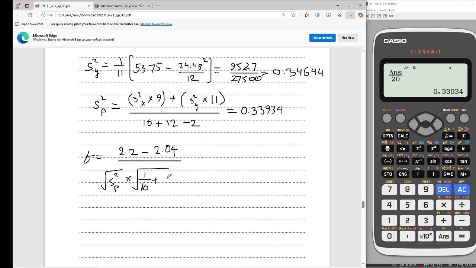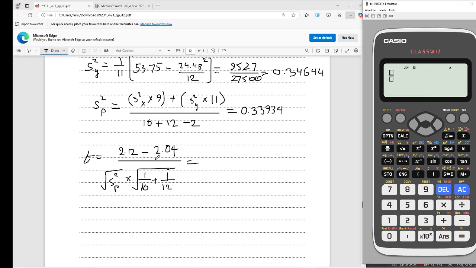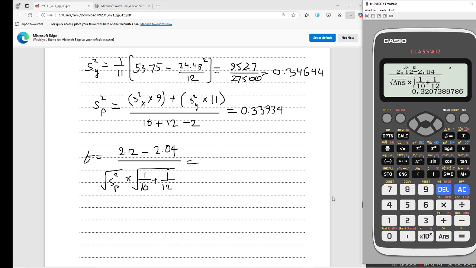Any value that's a bit too big to fit in, I just mention their variables. They should be fine with that. So 2.12 minus that, it's going to be 0.08, but for the sake of it, let me just put that here. Root of 1 by 10 plus 1 over 12, this is equal to 0.321.